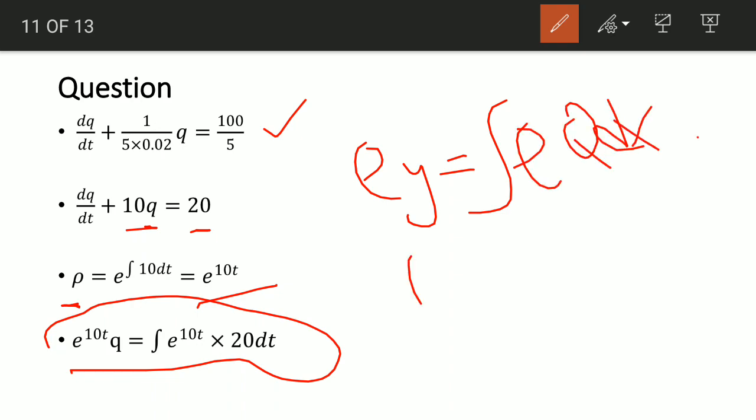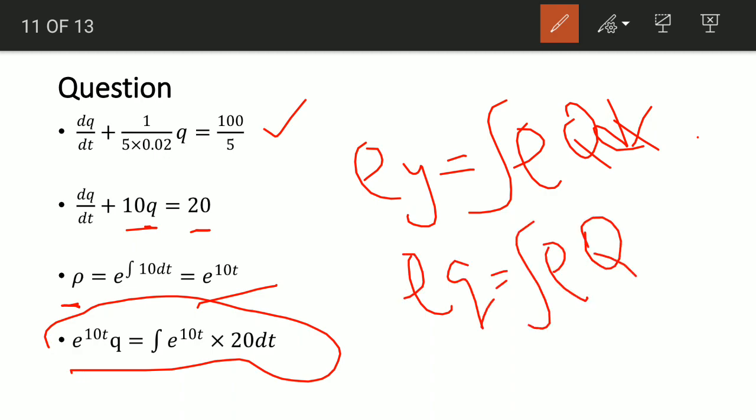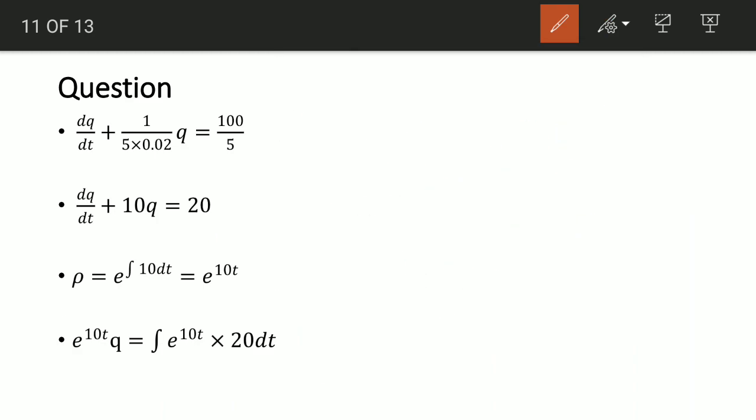But in this case we can say rho Q equal to integral of rho q dt, since we're interested in dt. Now, if you are new to this particular video, you can look out the previous videos on first order linear equations, on the solution and how to go about it. So that is exactly what we have.